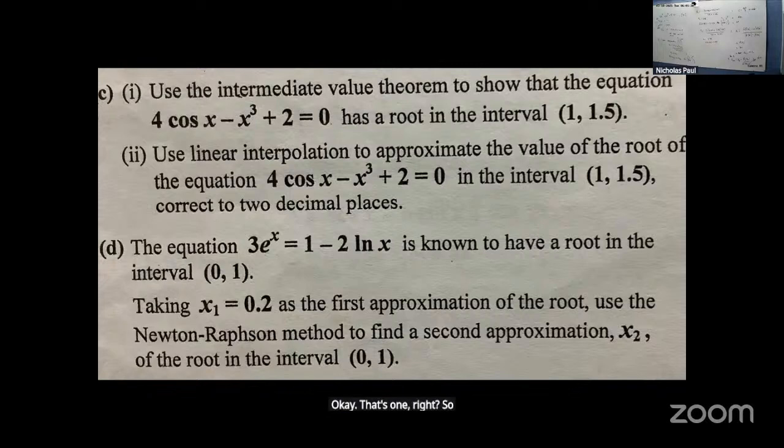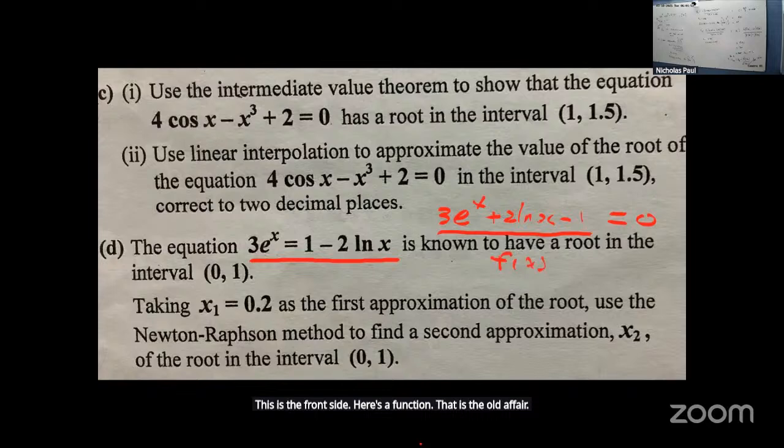I'm going to make sure you understand what f of x is. So make this equal to 0. You'll get 3e^x + 2 ln x - 1 = 0. That's a function. This left hand side here is your f of x. This is the x1. So they want you to use Newton-Raphson to find x2.